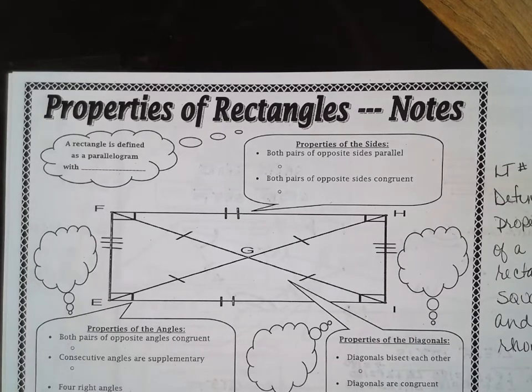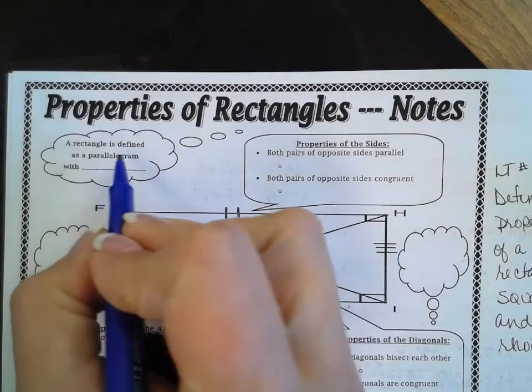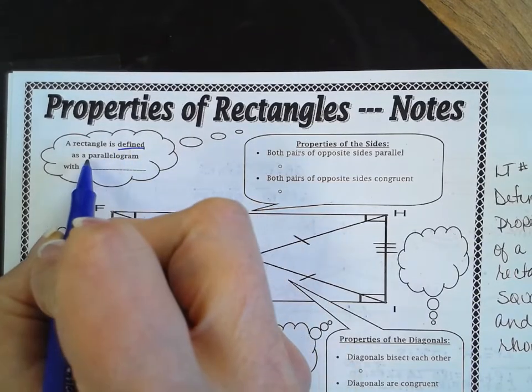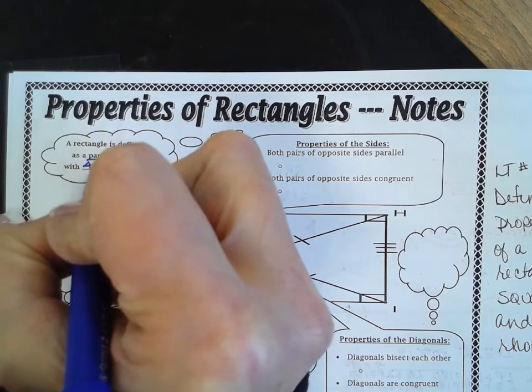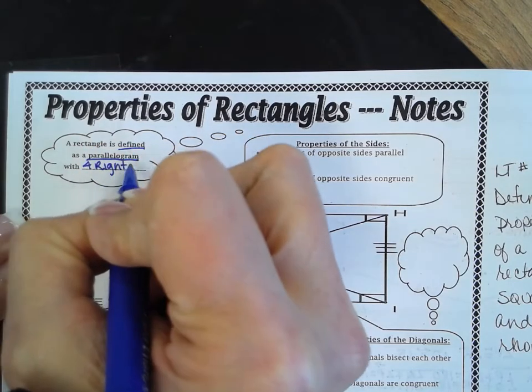Today we're talking about properties of rectangles, and we first need to have our definition of a rectangle, which is that a rectangle is defined as a parallelogram with 4 right angles.